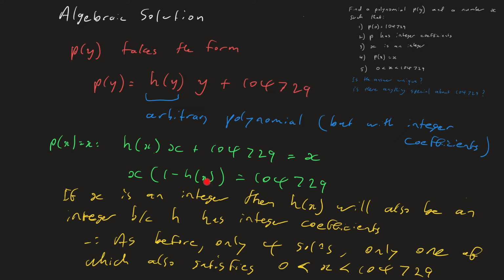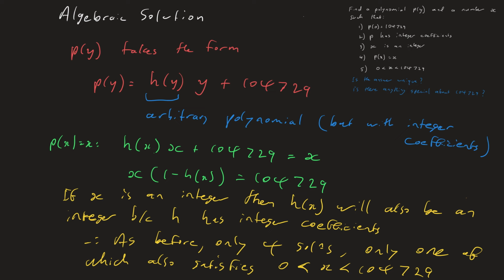Whenever x is an integer, because my polynomial has integer coefficients, h of an integer is also an integer. And in particular, 1 minus h of x must be an integer. So in other words, any solution to this problem here with 5 requirements has to be that x is an integer and 1 minus h of x is an integer. So we're back to where we were before.